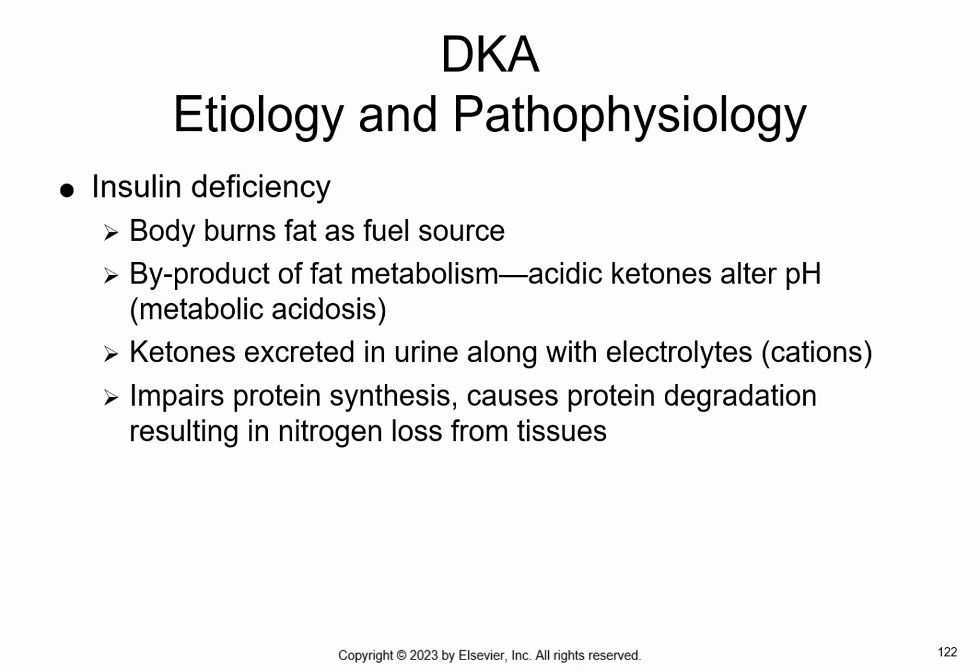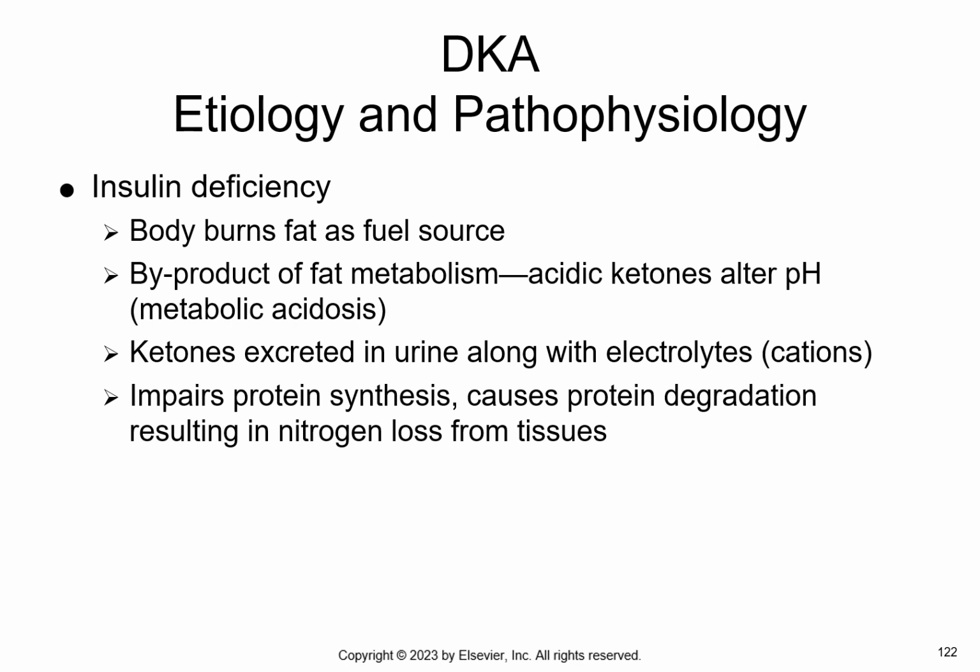So when we are dealing with a situation where we have insulin deficiency, the body burns fat as a fuel source. Byproducts of fat metabolism are acidic ketones, and they alter the pH and cause us to go into metabolic acidosis.